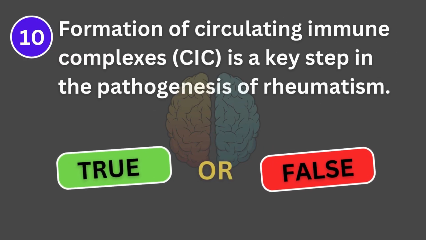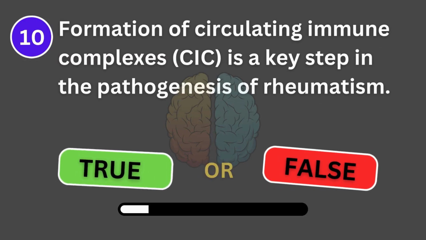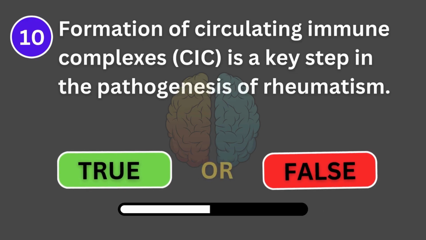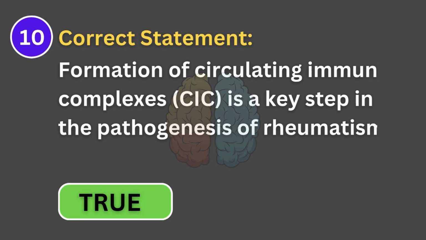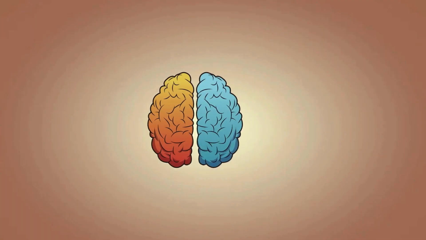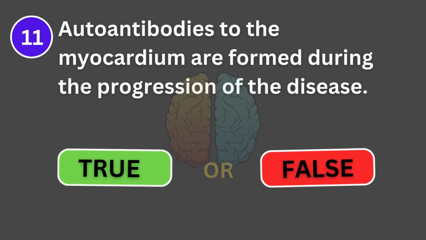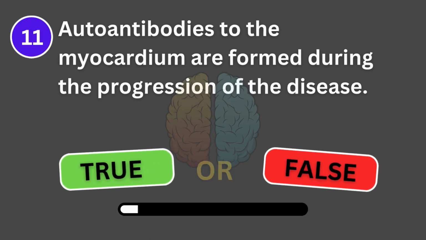Formation of circulating immune complexes, CIC, is a key step in the pathogenesis of rheumatism. Autoantibodies to the myocardium are formed during the progression of the disease.